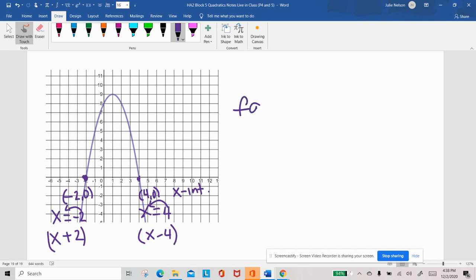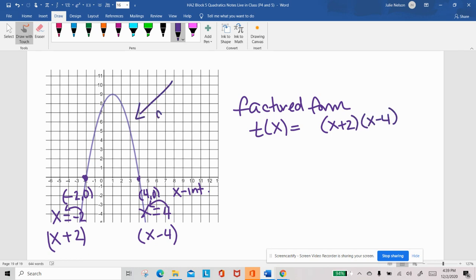So in factored form, tomorrow is Thursday, so t of x equals x plus 2 times x minus 4. Now be very careful. It's going upside down, and since it's going downward, it means it starts with a negative.